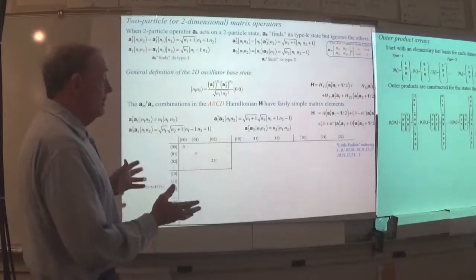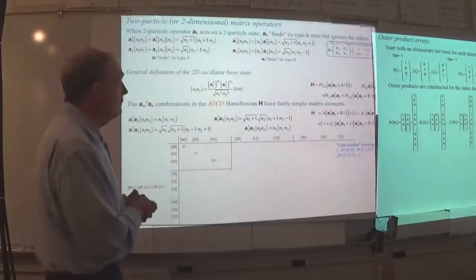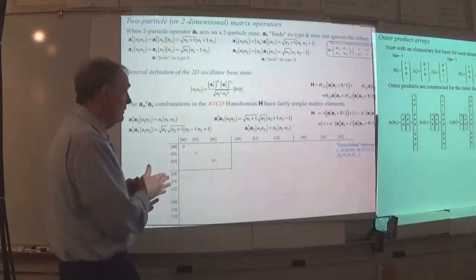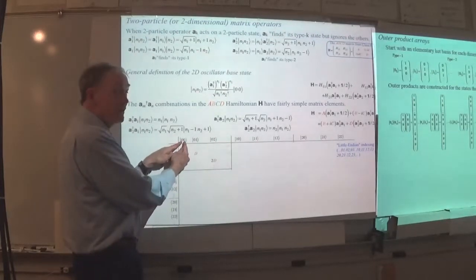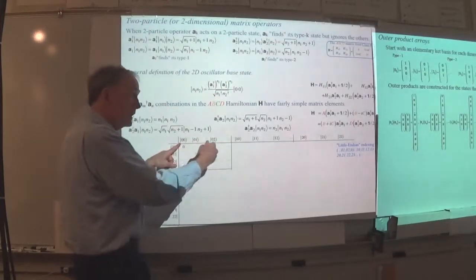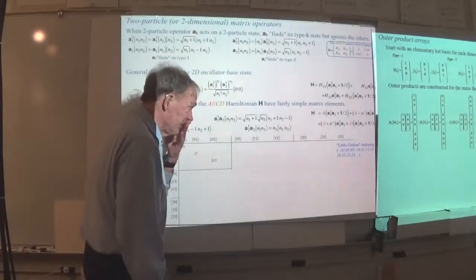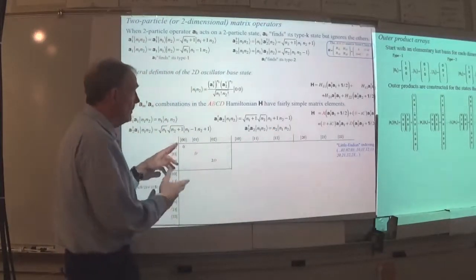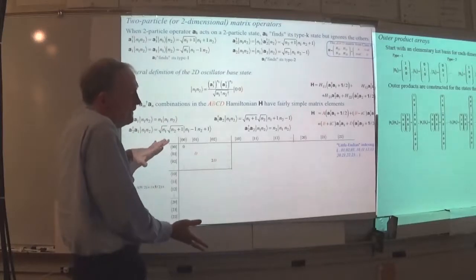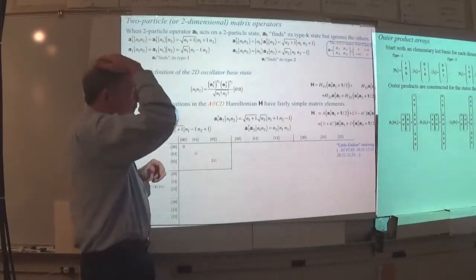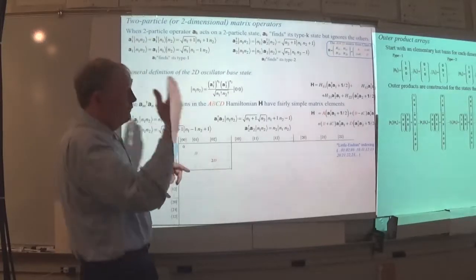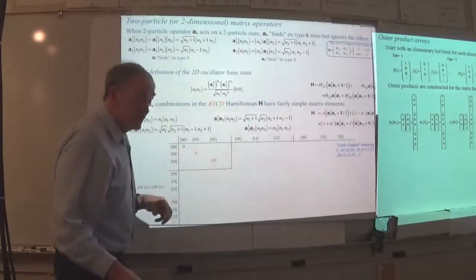Okay, so here's what you've got if you're dealing with a two-dimensional oscillator. You've got the vacuum first, okay? And I'm doing lexicographic little endian indexing here. So I'm imagining this matrix that I'm going to have in my computer, and I'm going to lay out the base states as a first shot here using that lexicographic stuff.